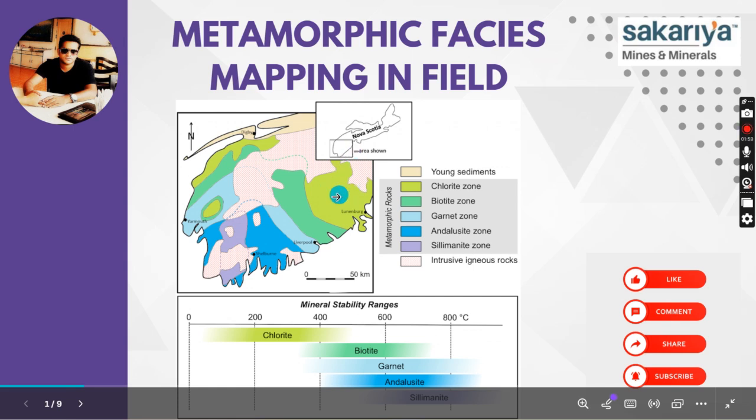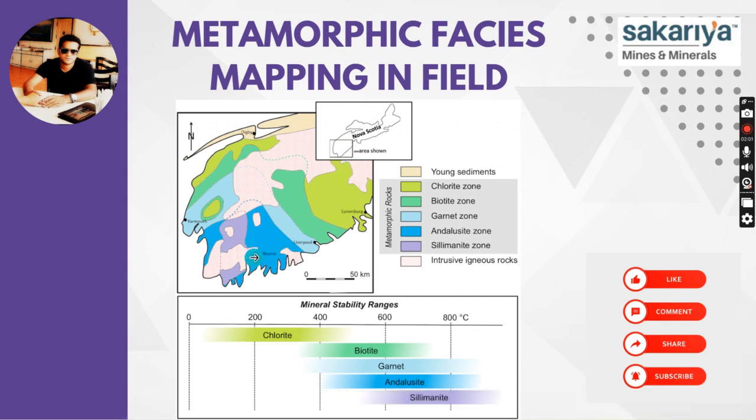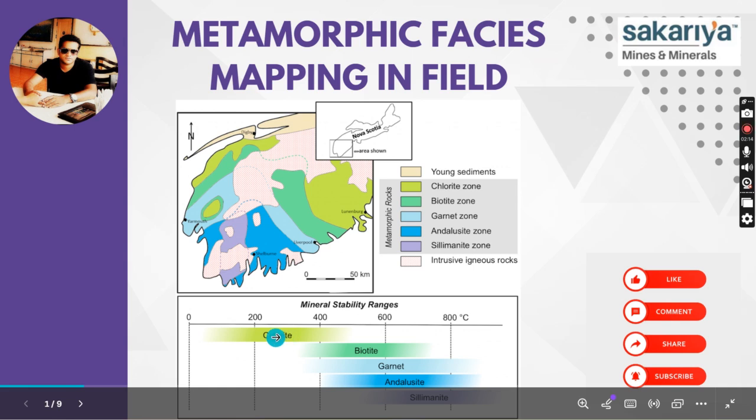That means this direction is indicative of the deeper part of the crust. Chlorite in the metamorphic domain indicates regional metamorphism at around 200 to 300 degrees Celsius. Biotite is above 400. Of course, chlorite and biotite can be coexisting.